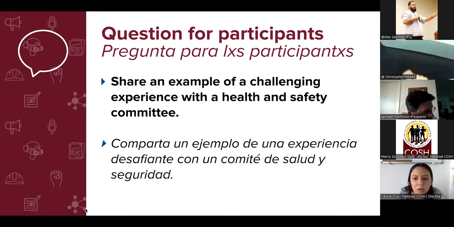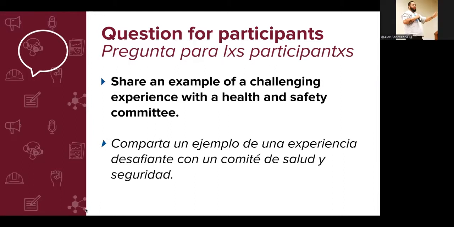Because again, the best safety committee is the one that the workers own and have buy-in to, but also where they see that their suggestions are respected. And unfortunately, I've been in a lot of spaces where the challenge is that it's just a safety committee in name, but the workers are just warming seats because the employer really doesn't care. They're just putting together a safety committee to check a box.